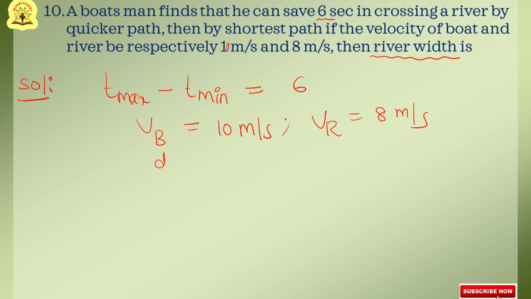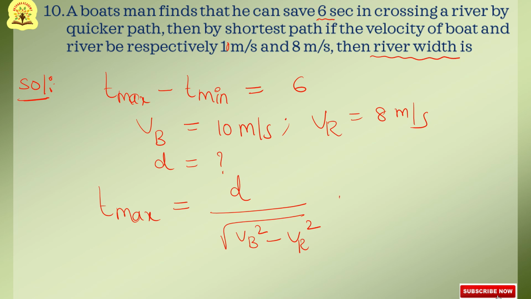You have to calculate d, the width of the river. T maximum is equal to d by square root of Vb square minus Vr square. Similarly, T minimum is equal to d by Vb.